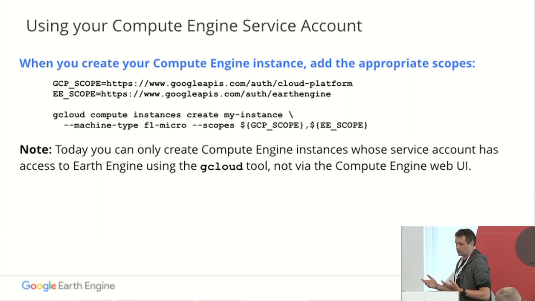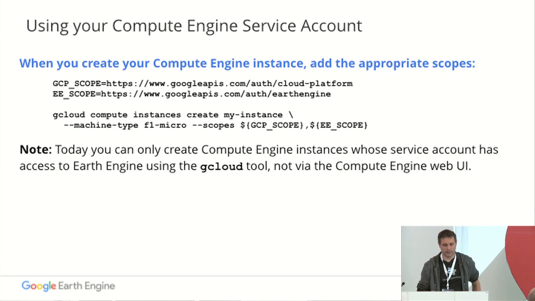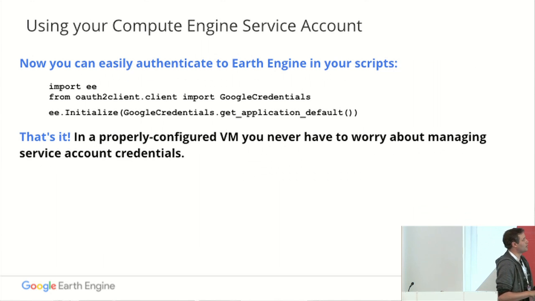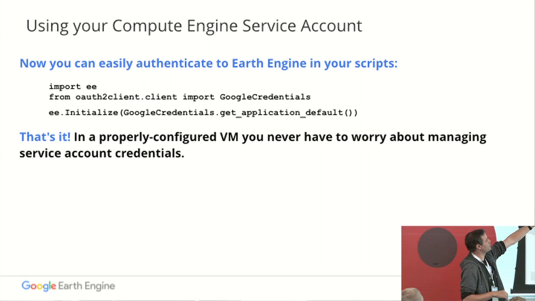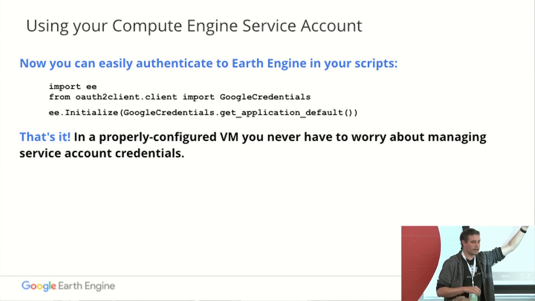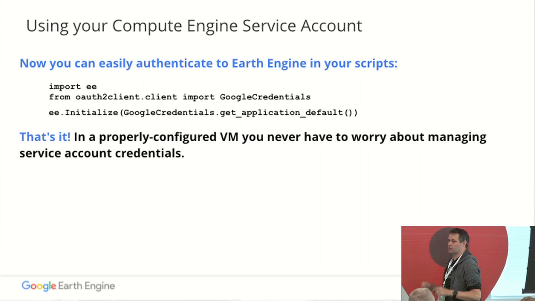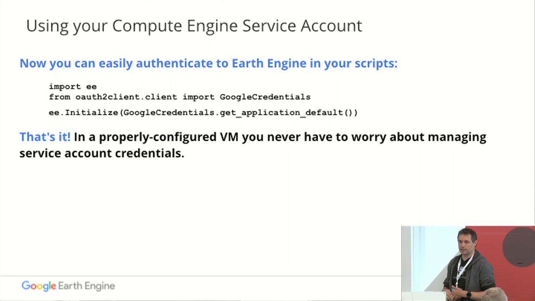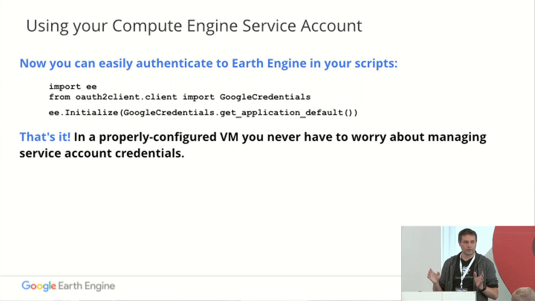So that's one little step when you're first creating your instances, your VMs. But then once you've done that, you can use the standard Google credentials library to get those default credentials. And again, you're not having to manually manage the service account files. You're letting Google manage it for you, and you'll get credentials that have the right scope.